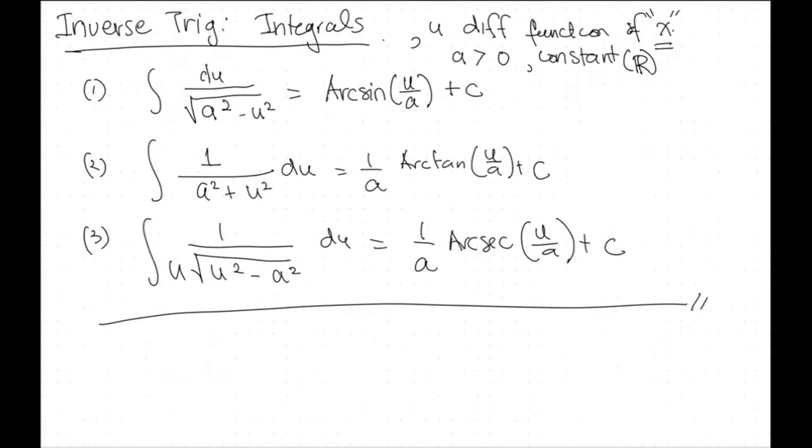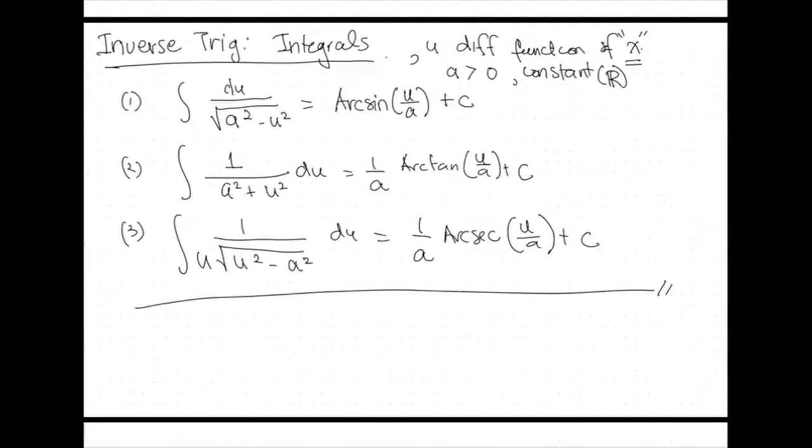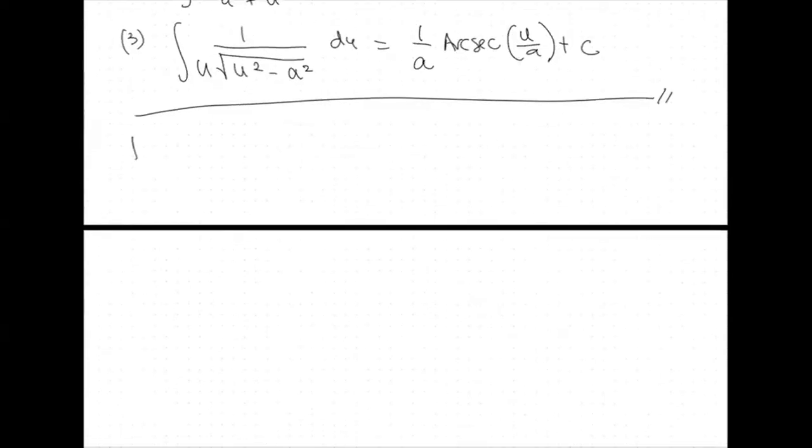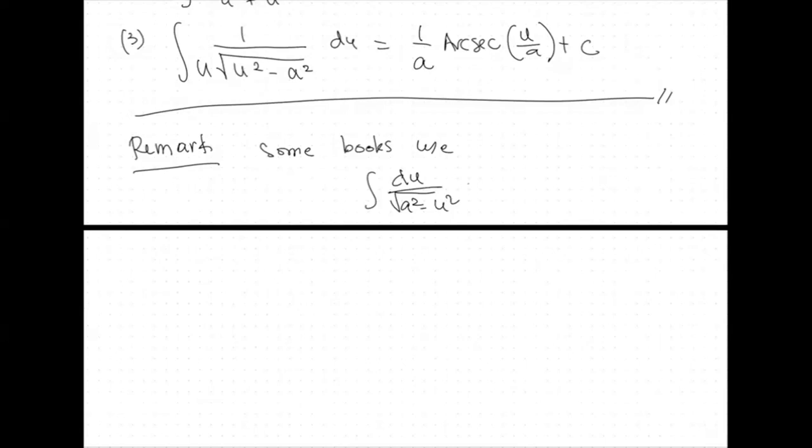All right, let's look at some examples involving this formula. So for example number 1, let me remark that some books use this convention. They use the integral of square root of a squared minus u squared as negative arccosine of u over a plus c.